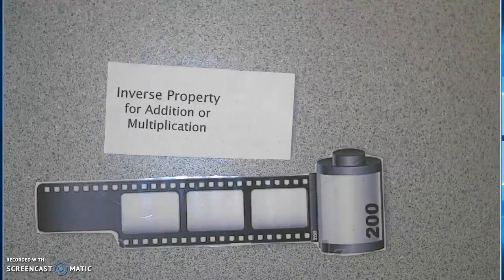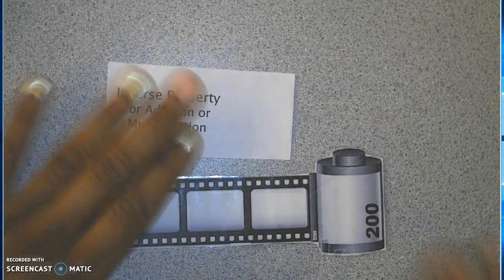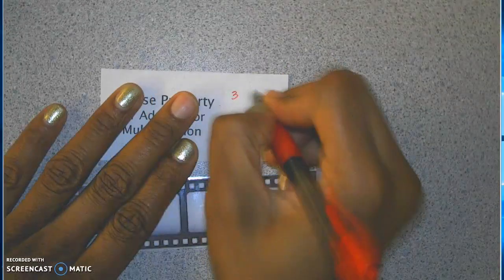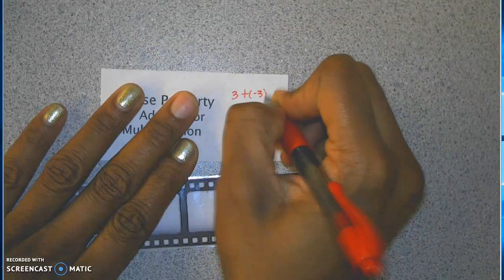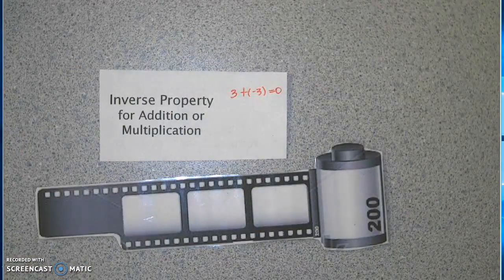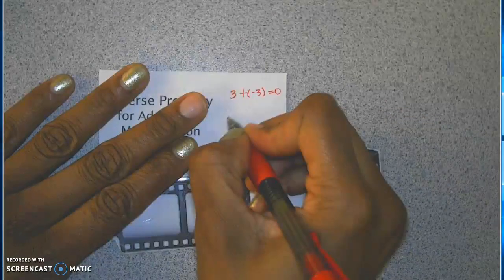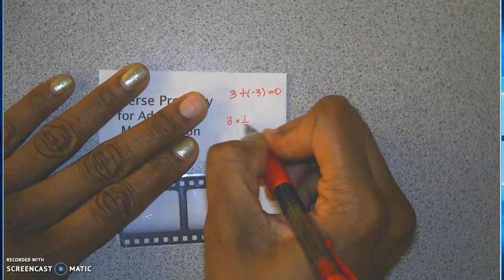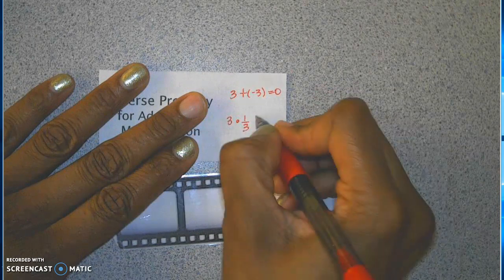So the additive inverse property says that if you add my opposite to me, I will be 0. So 3 plus negative 3 is going to be 0 because 3 and negative 3 are opposites. They are the inverse of each other. The multiplicative version says if you multiply me by my reciprocal, you're going to get 1.